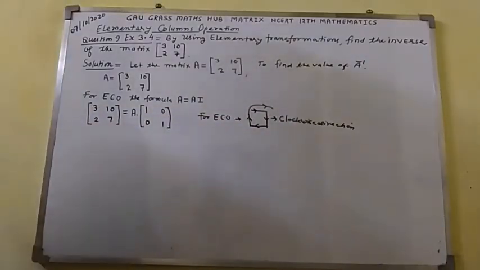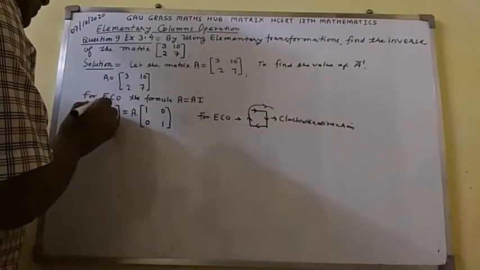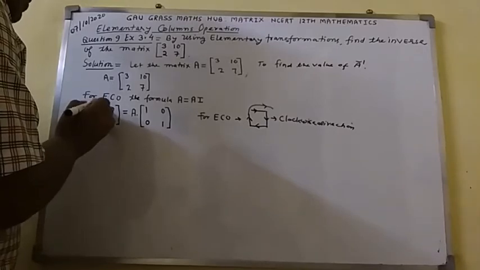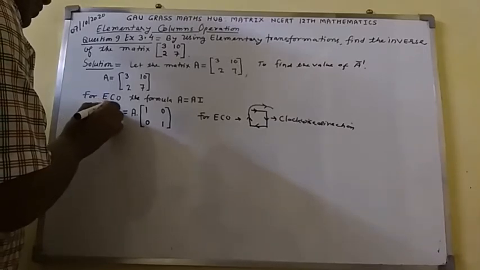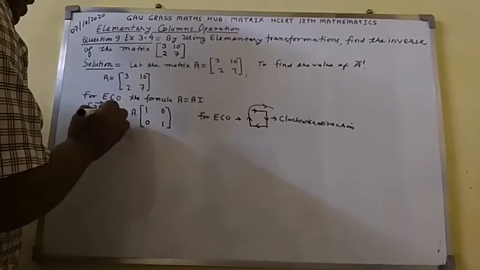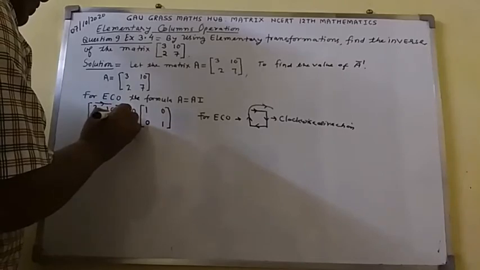So for this one, you should move in clockwise direction. We shall proceed from the initial point 3 to the right 10.